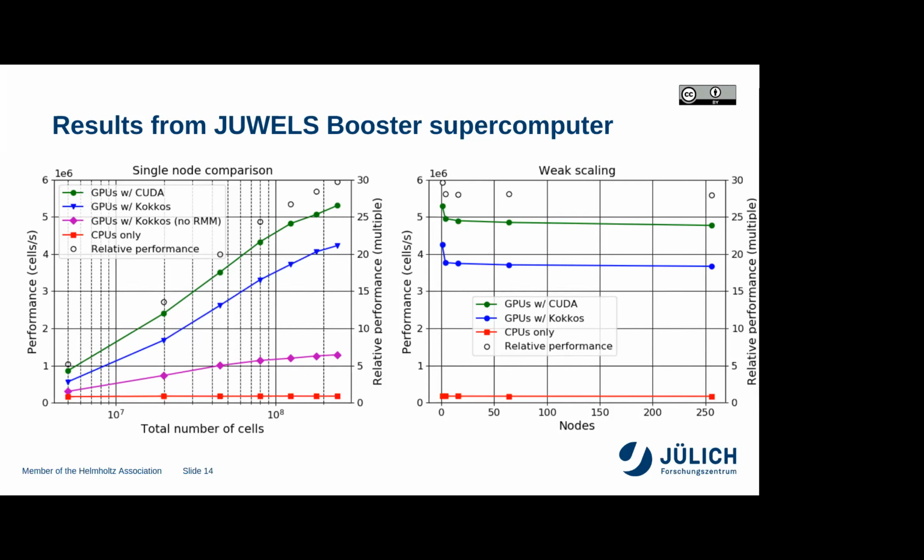And I think the third thing is that with COCO's, the way it's implemented right now, we are not able to use direct GPU-GPU communications through MPI, because we have a completely architecture agnostic COCO's implementation, so that we don't have any COCO's calls where we use CUDA specific template arguments.